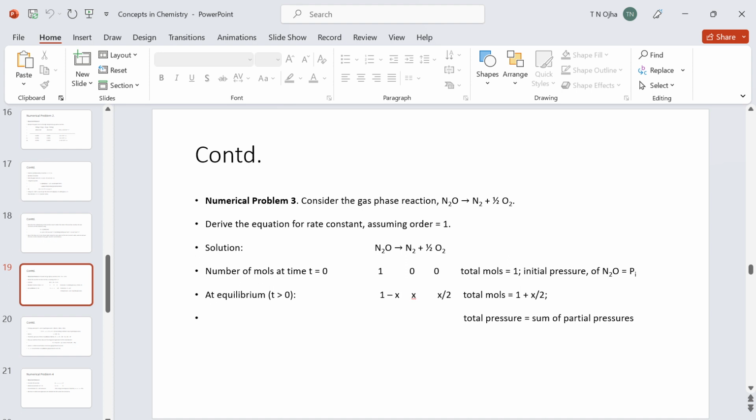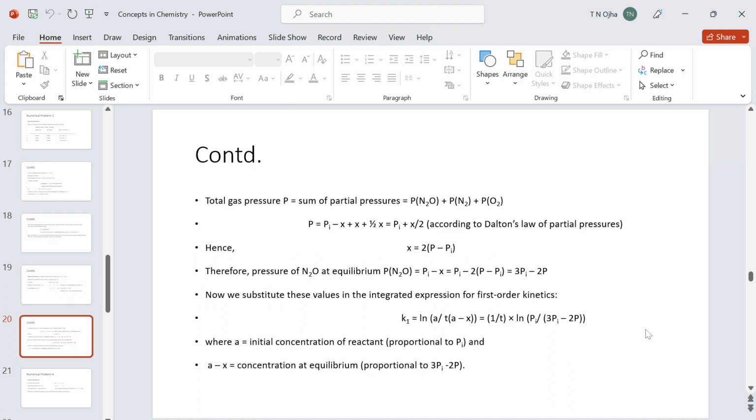Also, the initial pressure of reactant N2O is Pi. After the reaction has taken place, the total pressure can be given by the sum of partial pressures, Dalton's law of partial pressure. So total pressure P is the sum of P N2O, P N2 and P O2.